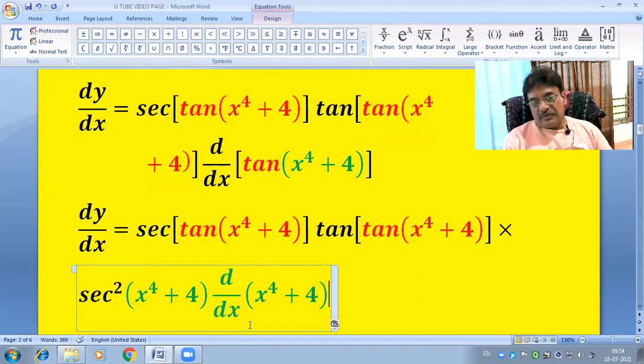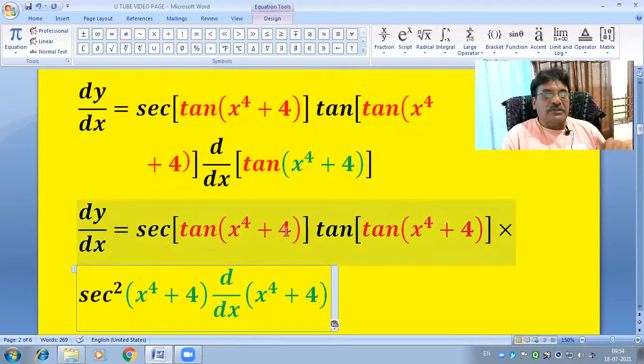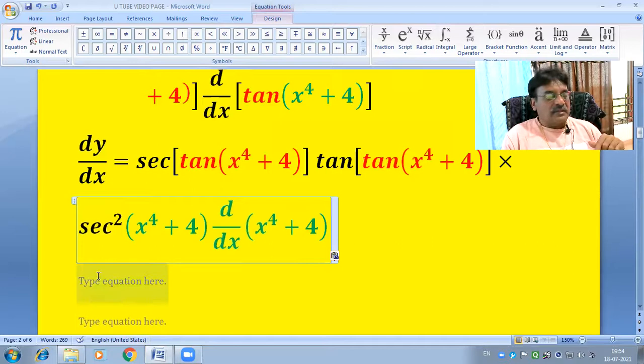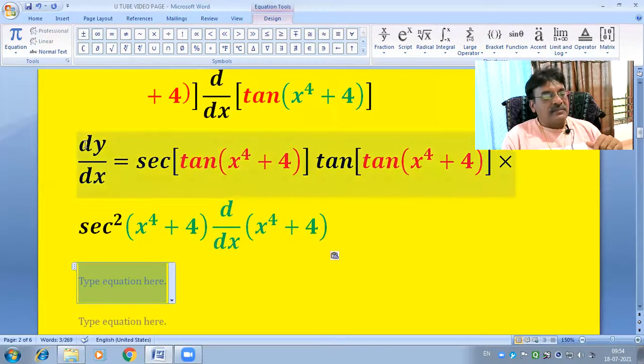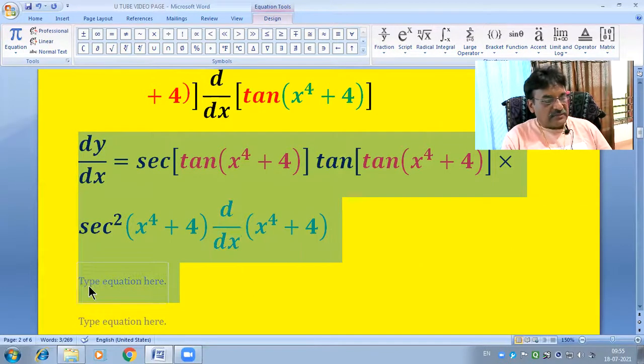Again we use the formula d/dx of tan f(x) is sec square f(x) into f dash of x. Similarly here sec square of x to the power 4 plus 4 into d/dx of x to the power 4 plus 4. Therefore, up to this step as it is, so we write this here.